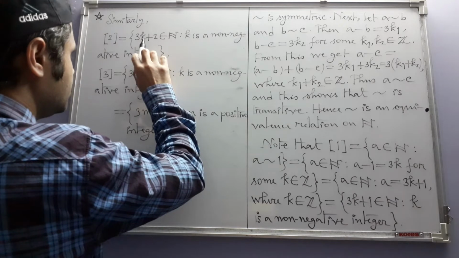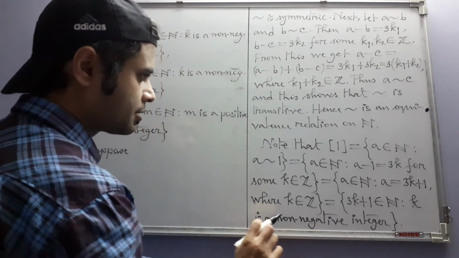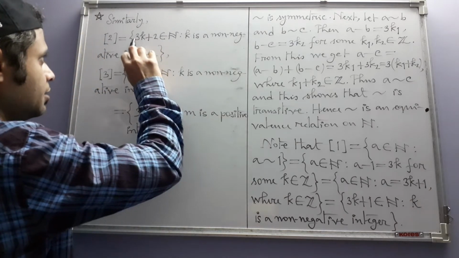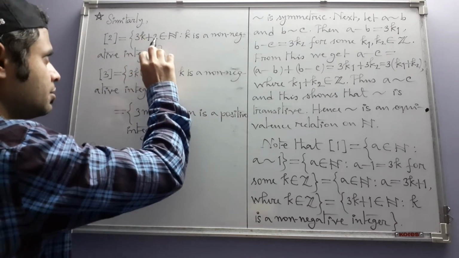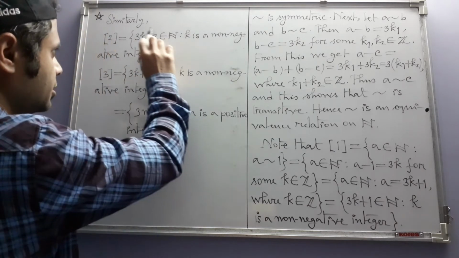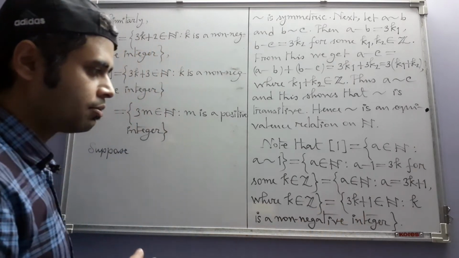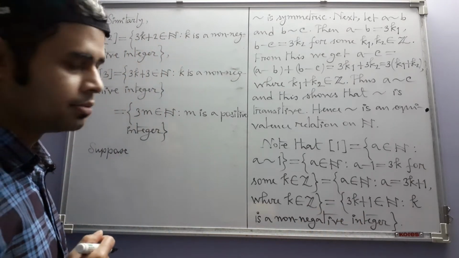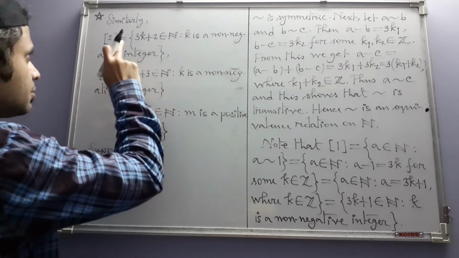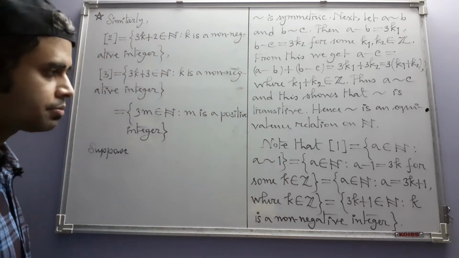However, any element here or any element in this class, none of them is actually divisible by 3. Elements here leave the remainder 2 when divided by 3 because of their structure, and elements here leave the remainder 1 when divided by 3. So class 3 is different from class 1 and class 2.